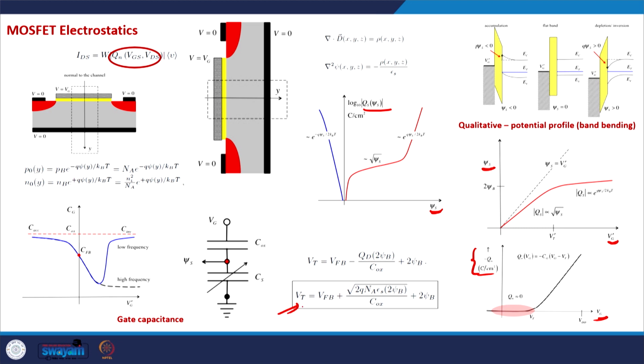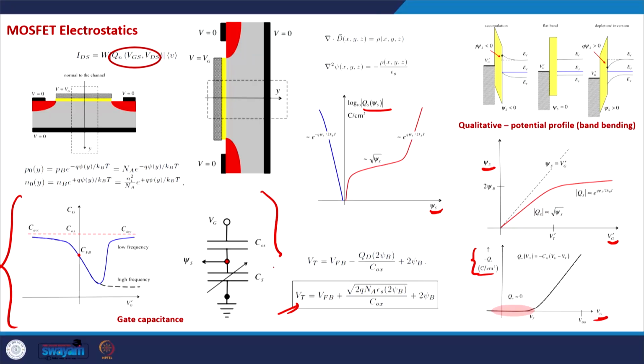We could also understand the notion of the threshold voltage, which is the gate voltage at which inversion happens. We also delved into the idea of gate capacitance, which essentially has two components in series: one is the oxide capacitance and the second is the semiconductor capacitance. We discussed this both at low frequency and high frequency.